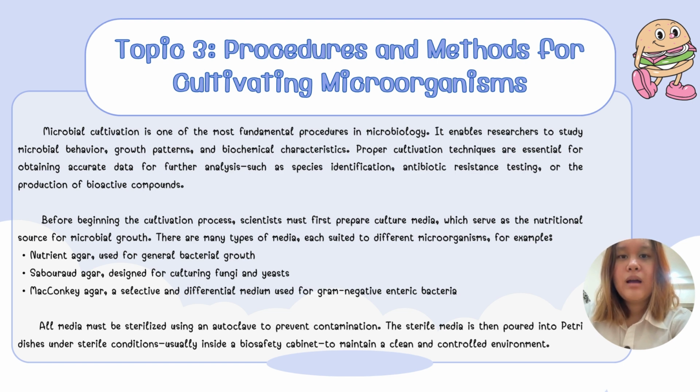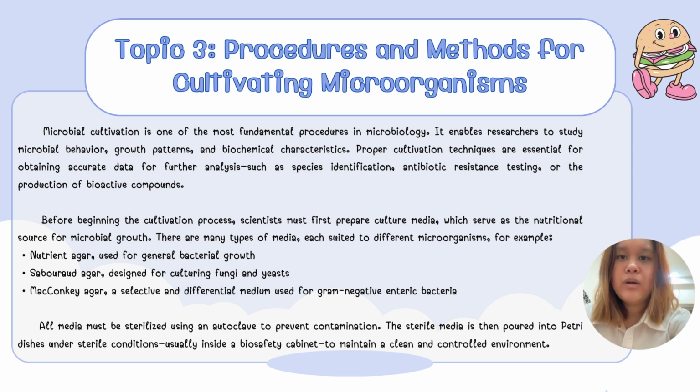Before beginning the cultivation process, scientists must first prepare culture media, which serve as the nutritional source for microbial growth. There are many types of media used for different microorganisms.